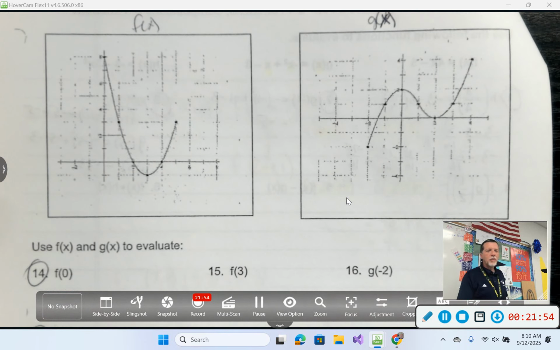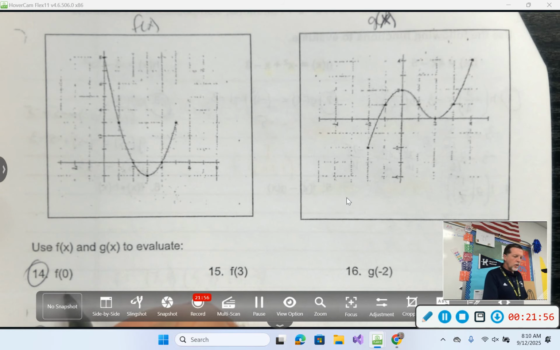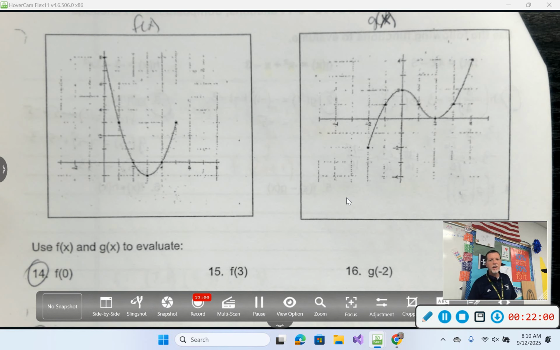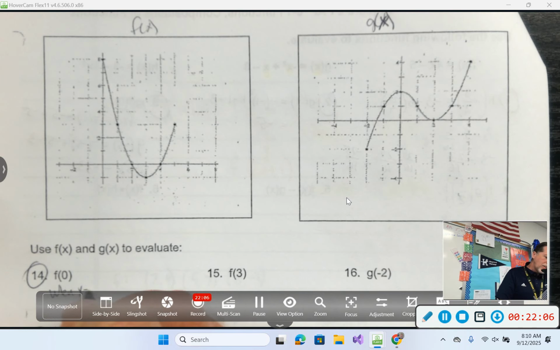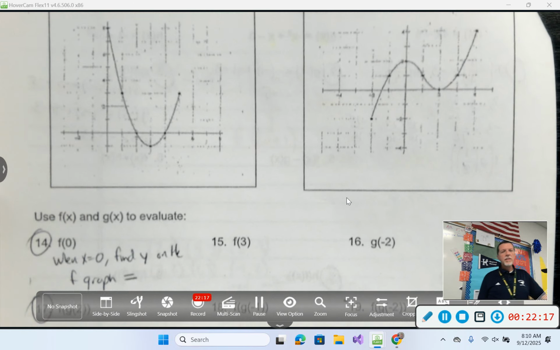Okay, first question, f of 0. So which variable is 0? What value is that? Is that x or y? X. So what this is saying is, when x equals 0, find y on the f graph. Now you're not going to write all that out every time, but that's what it's asking.